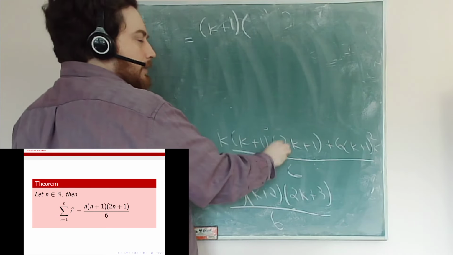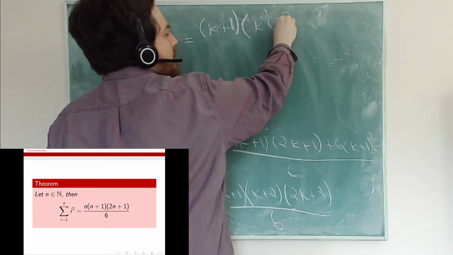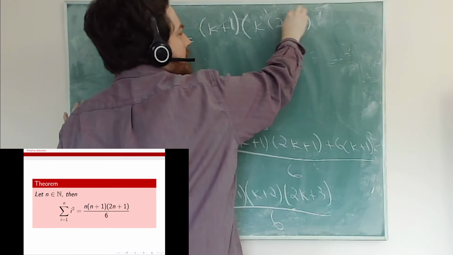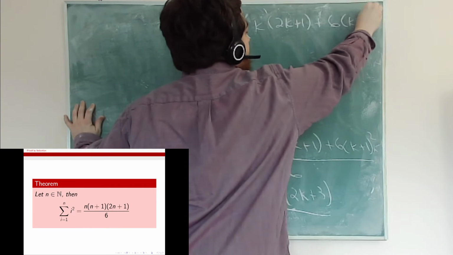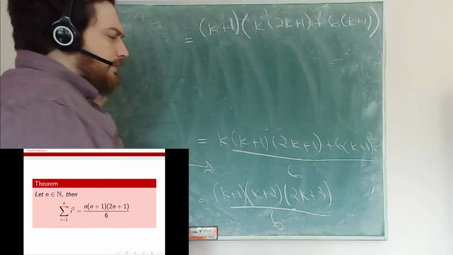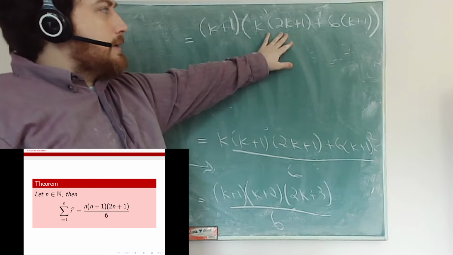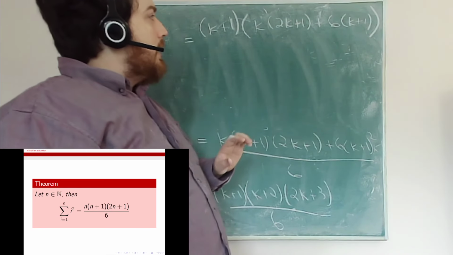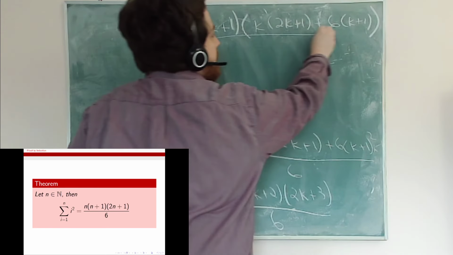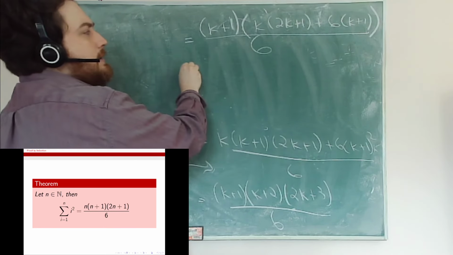times, and then here I'm going to get k times 2k plus 1 plus 6 times k plus 1. So I factored out the k plus 1. The remainder was k times 2k plus 1 and 6 times k plus 1. And then this is, again, all divided by 6.